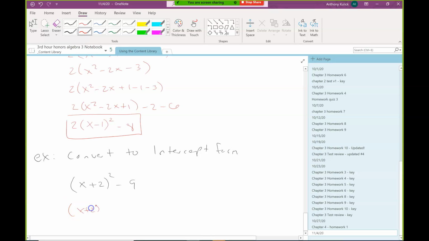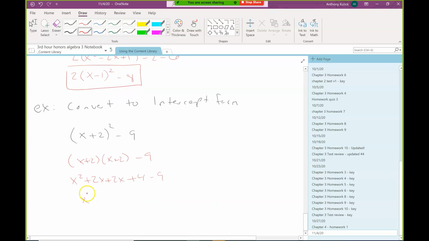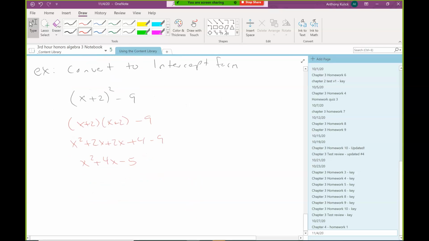So I can just FOIL that out. And when I combine my like terms, I have that. Okay to there?